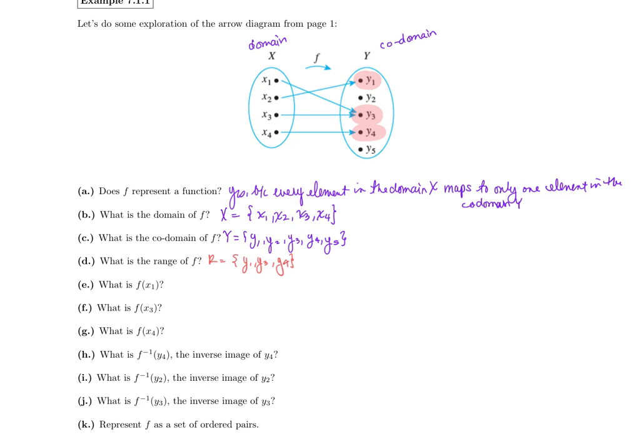The range is a set of y values in the codomain that are being mapped to by the function f from the domain x. If not every element of the codomain is being mapped to by f, then we have a smaller range than we do the codomain.